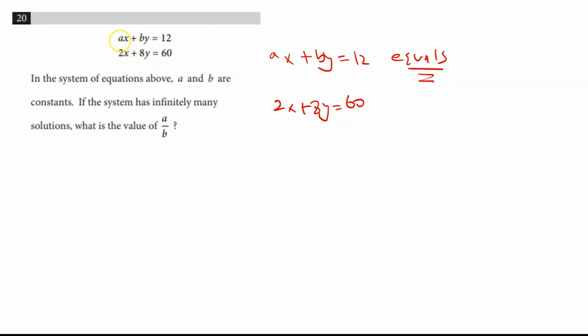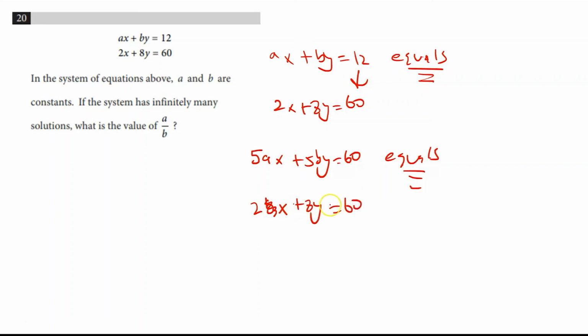So we don't really know the coefficients of the x and y terms in the first equation, but we do see a relationship between the y-intercepts here. And 60 divided by 12 is 5, so we can rewrite this as 5ax plus 5by equals 60. And that still equals 2x plus 8y equals 60.